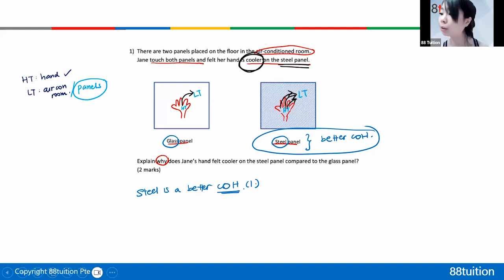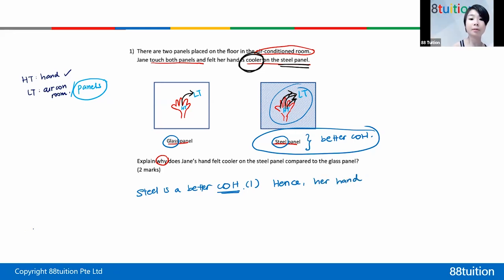The next part, I need to talk about the heat transfer. Hence, her hand, Ryan, can you help me? Her hand what? Loses heat faster to the steel panel. Good. So I need to see the direction of heat transfer.